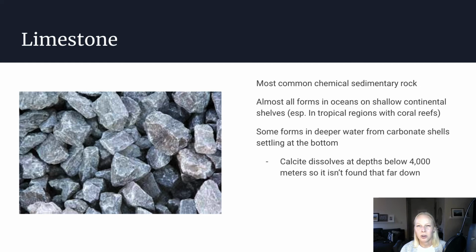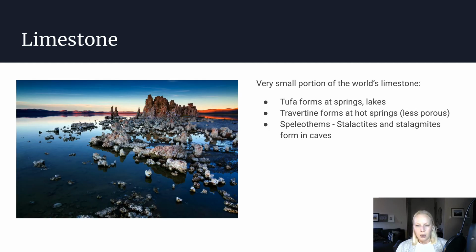The same thing is sort of happening here with calcite. You're putting the calcite under so much pressure that it actually dissolves into the ocean water below 4,000 meters. So at that depth, you actually won't see calcite precipitating out of the water. It is dissolved in the water. So you won't actually see limestone that formed at depths below that point.